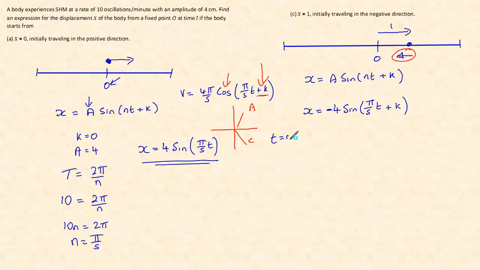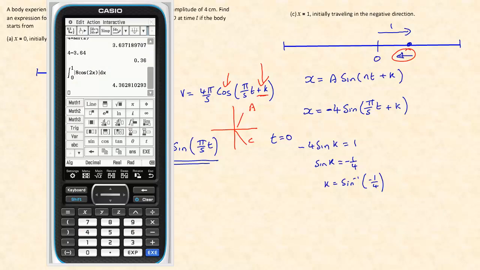Now if t is equal to 0, we need -4 sine k, remember this part would be 0, to be equal to +1. So sine k must be -1/4. So k is going to be the inverse sine of -1/4. Now we're not going to get that as an exact value, so decimal is fine.